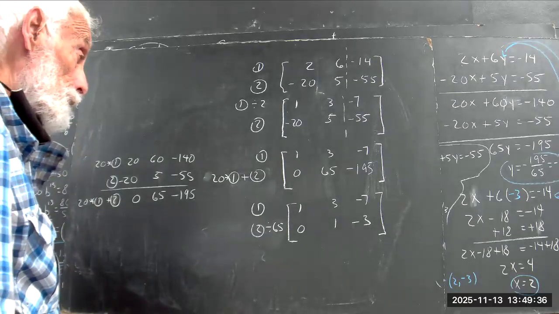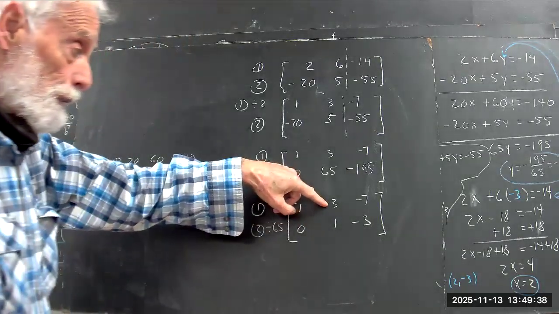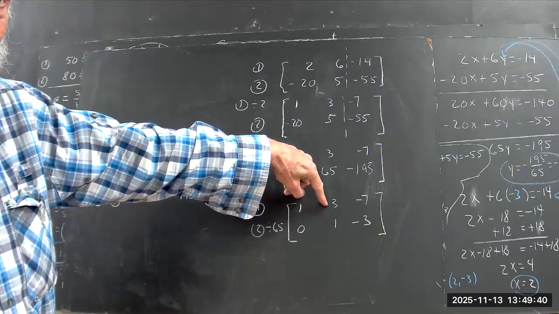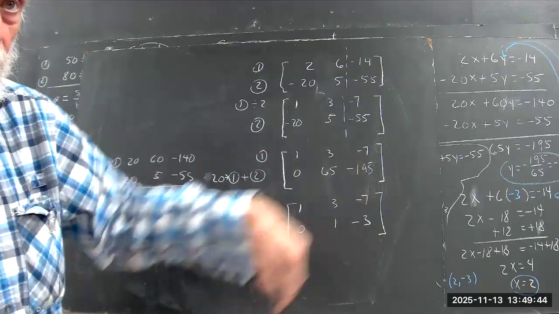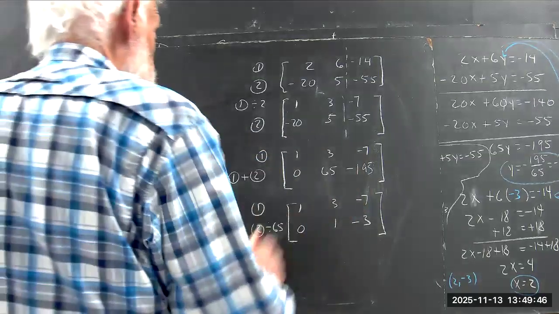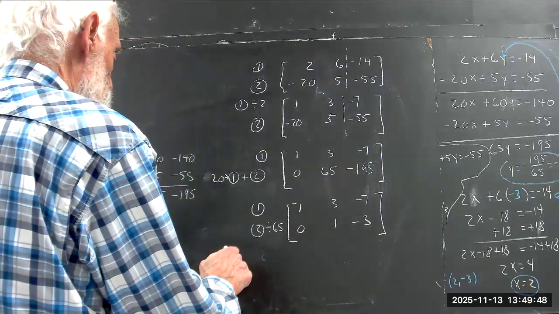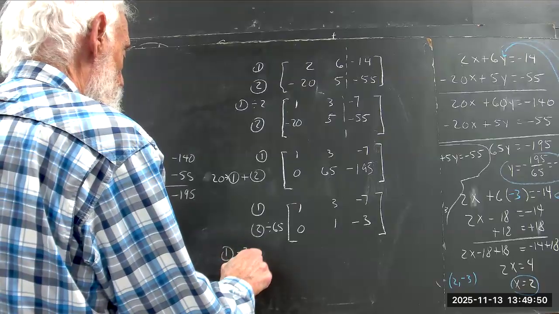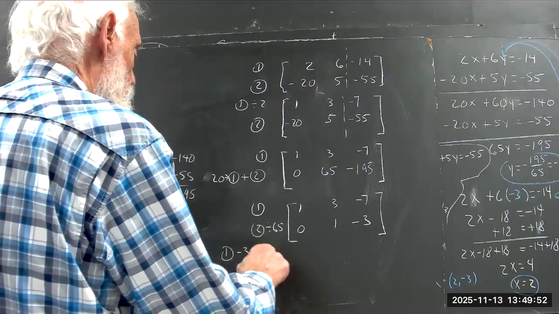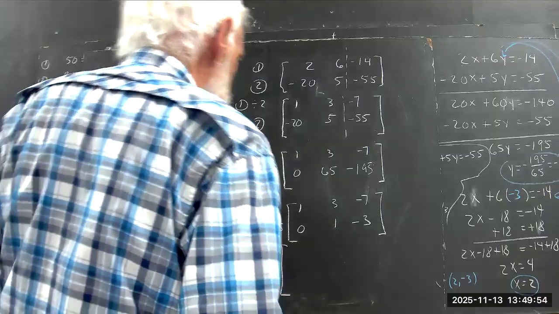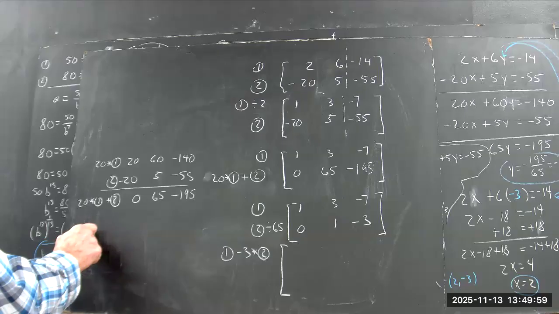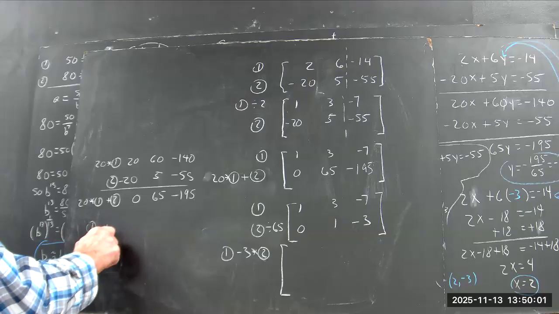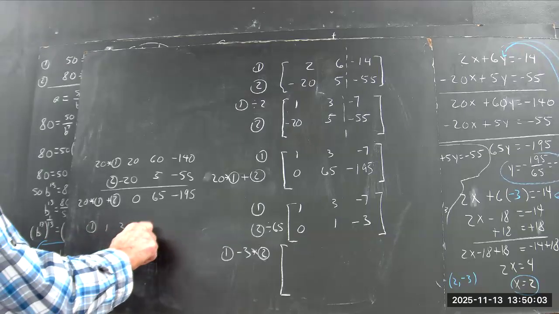Now to solve for x, I want 0 here. I don't want 3. If I get a 0 here, then I have x equals whatever I get. How do I get a 0 here? It's easy. I do row 1 minus 3 times row 2. Okay. Well, row 1 is 1, 3, negative 7.